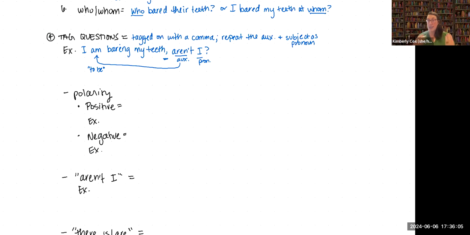So tag questions can have what's called polarity, which means that they could either request kind of positive affirmation or negative affirmation. If we're requesting positive affirmation, we're going to use, oddly enough, a negative tag, right? And a negative tag will basically include a not. And I'm just going to do an example there, didn't they, right?